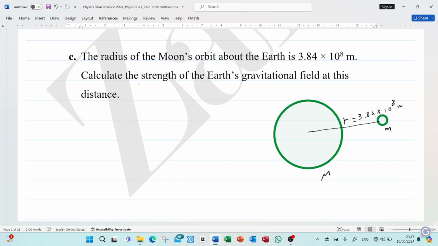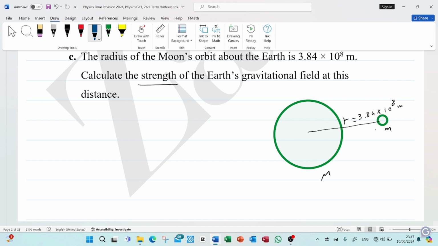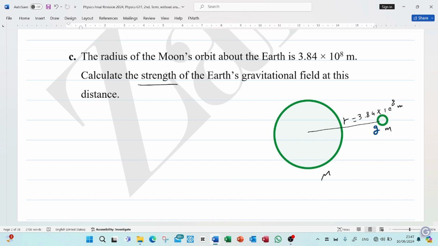What do we need? We need to calculate the strength of the Earth's gravitational field at this distance. So we need to calculate g at this distance related to the mass of the Earth, not the mass of the moon. This is not g related to the mass of the moon, because the gravitational field is the strength of the Earth. Then g equals GM, M is the mass of the Earth, not the moon, over r squared.